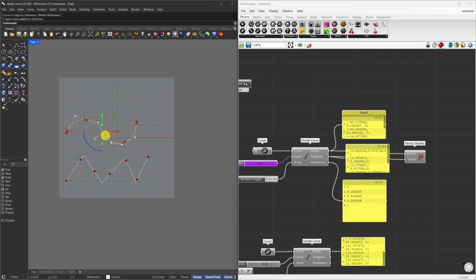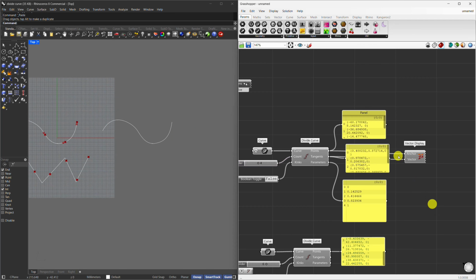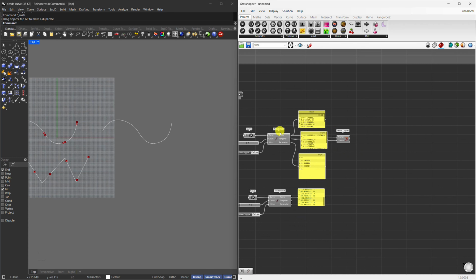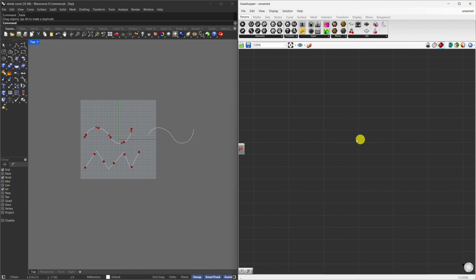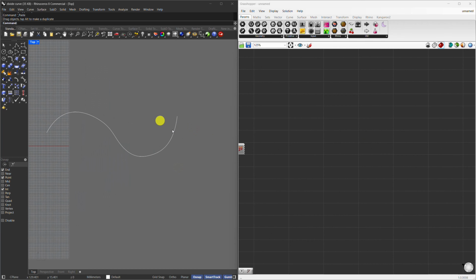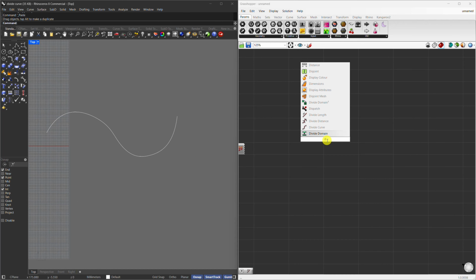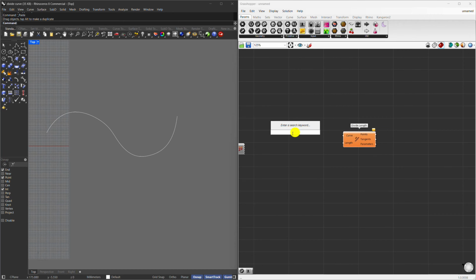Let's copy this curve. Let's move here. Divide length. Let's add the curve.